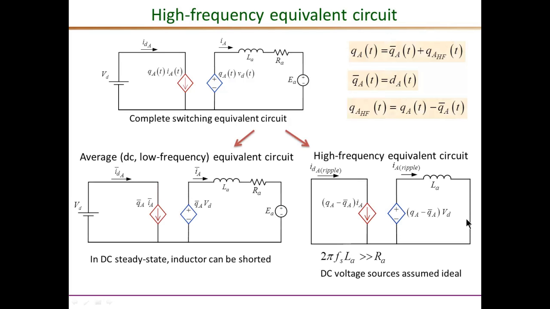Then a small approximation is that the resistance RA is considered negligible compared to the impedance of the inductance at the switching frequency. As given by this inequality, 2 pi fs LA, the impedance of L at the switching frequency, is much larger than RA, so RA can be neglected in the high frequency circuit. We can make use of this circuit to determine the equation for the peak to peak ripple in the inductor current.